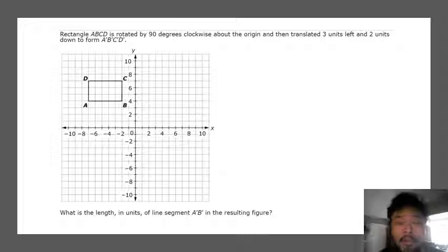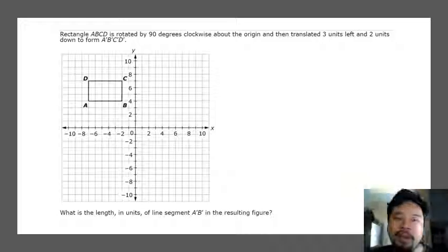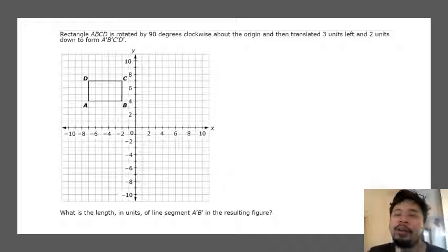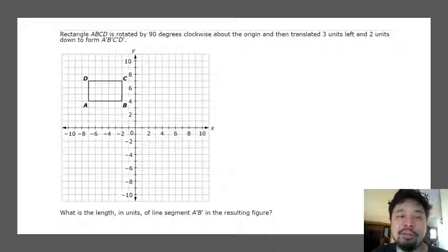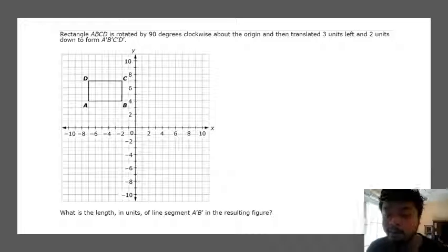All right, so problem number 12 here tells us that a rectangle ABCD is rotated 90 degrees clockwise about the origin and then translated 3 units left and 2 units down to form a brand new rectangle. It asks us what the length in units of line segment AB would be in the resulting figure.